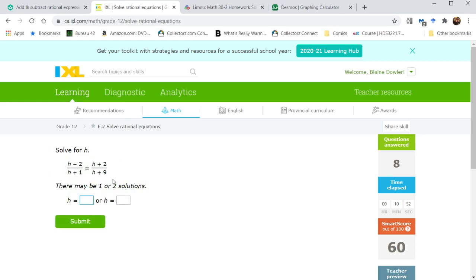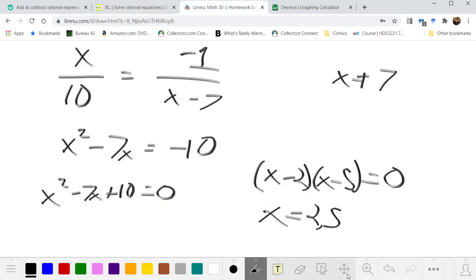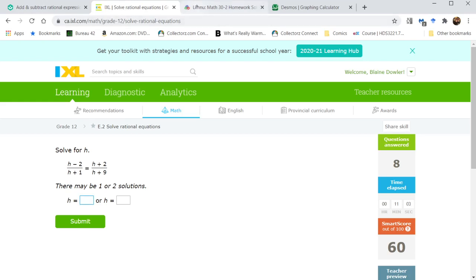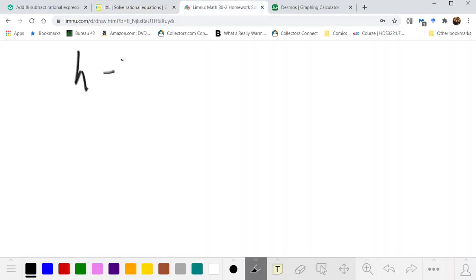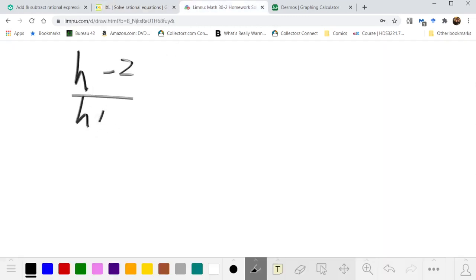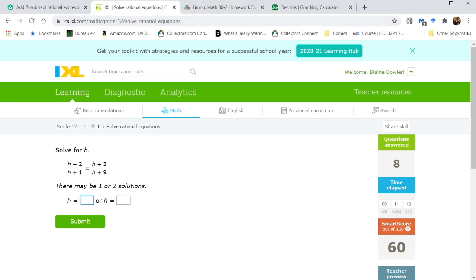So now we have a few more values of h to check. Here we go. So we have h minus 2 over h plus 1 equals h plus 2 over h plus 9.